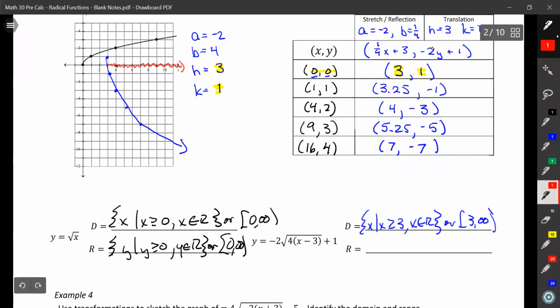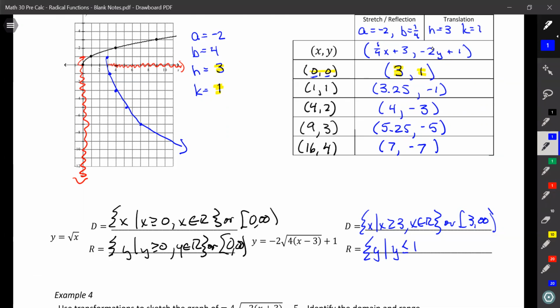Now this one's a little different. It starts at 1, but it drops down to negative infinity. So the way we show this range would be like this. Y is less than or equal to 1, because it's at 1 and it drops down, y element reals.